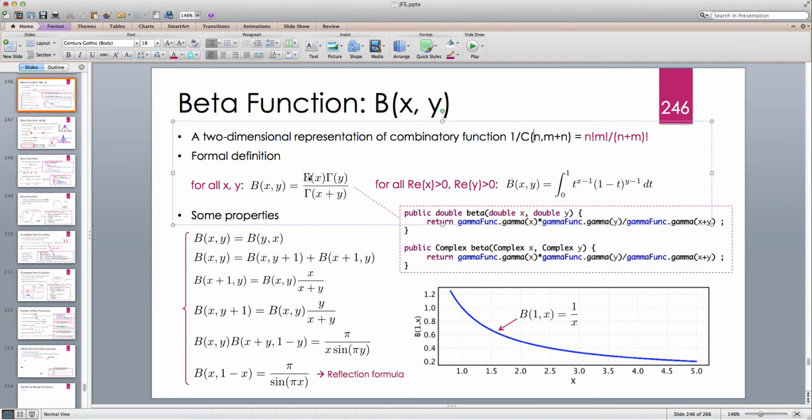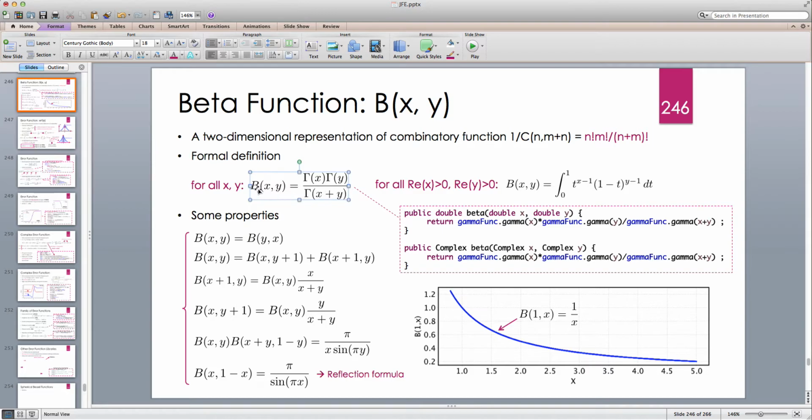So gamma represents the factorial. So this is like (x minus 1) factorial, (y minus 1) factorial over (x plus y minus 1) factorial. All right. So this is related to this combinatory function when we deal with integers.